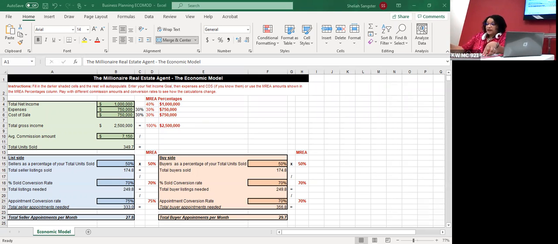We talked about the 3 drivers of the economic model, which starts with your appointments. And then those conversion points should be as close to the model as possible. I would not go away from those. Only with the listing side versus buy side is the 60-40. So the 40% on the listing side and the 60% on the buy side is for our territory. But everything else should just remain the same.